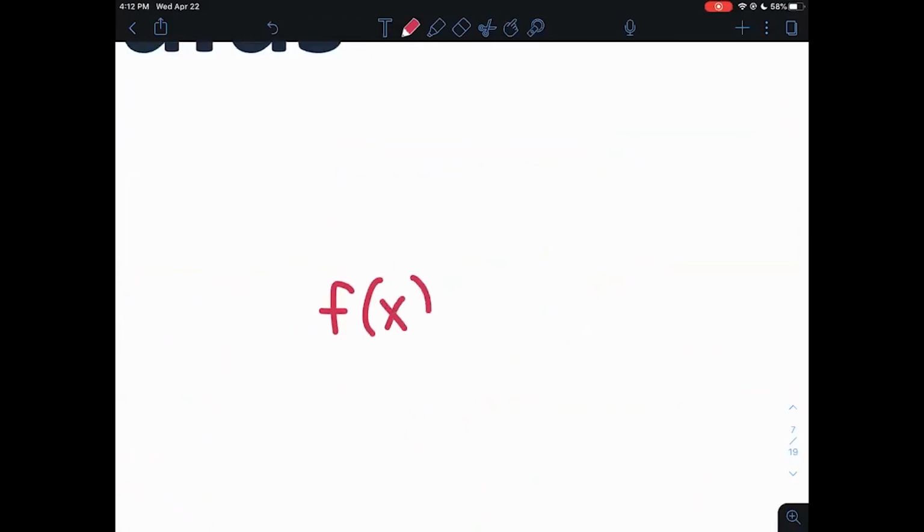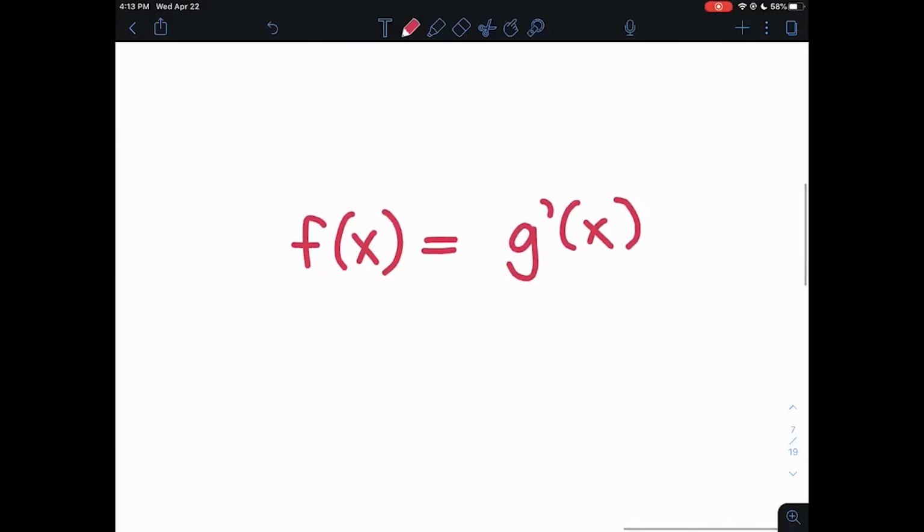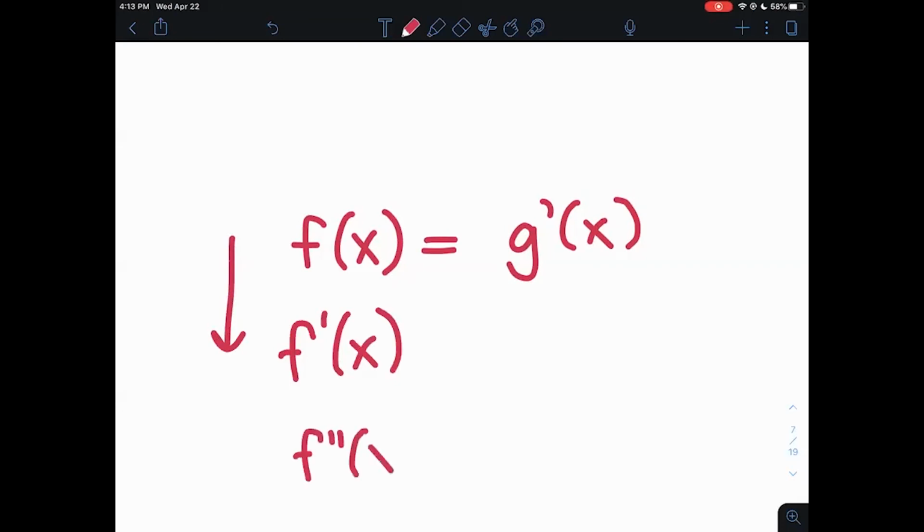F of x is equal to the derivative of g of x. Well, if we step through a chain of functions, we can make a lot more equality statements. So let's just say, for example, I start with my function f of x, and I just start differentiating. Well, then I would have the first derivative of f of x and the second derivative, and so on and so on and so on.